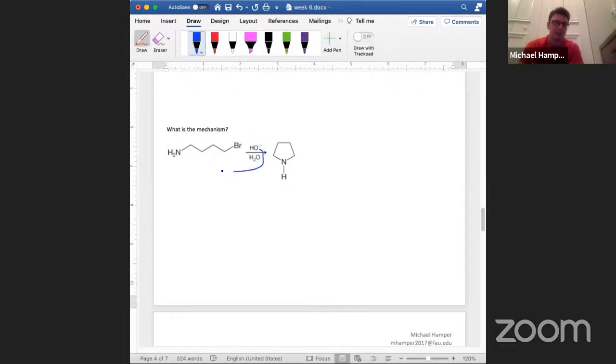These electrons, they're going to take one of these hydrogens. So you're left with that. Now your leaving group is going to leave. So that's going to be your alpha carbon.